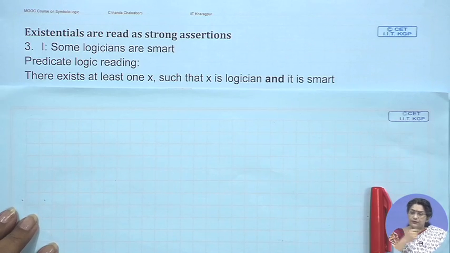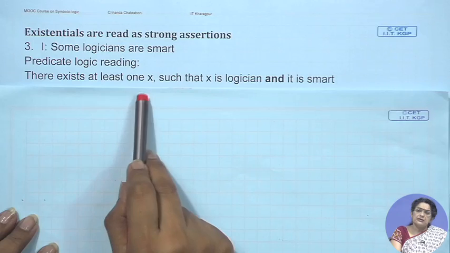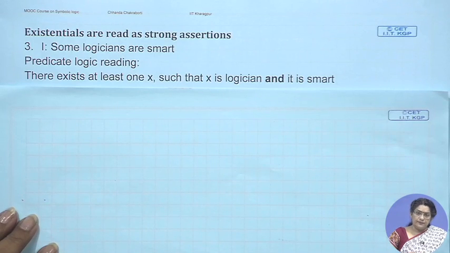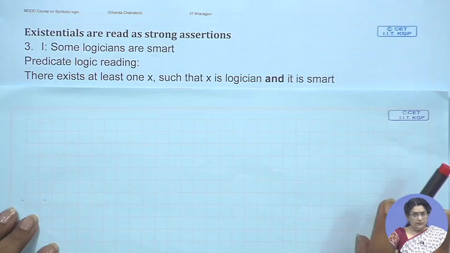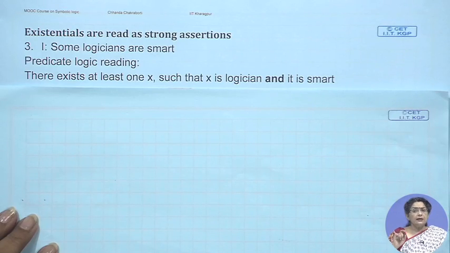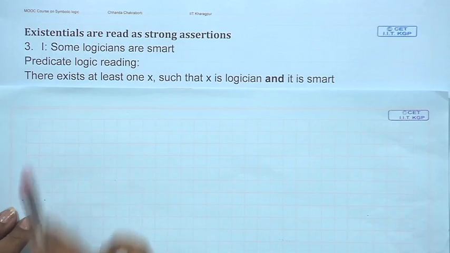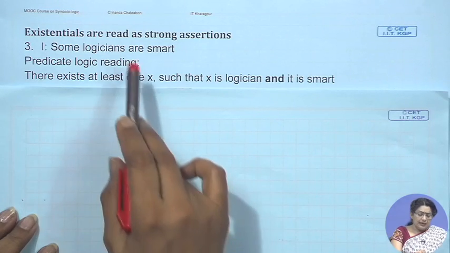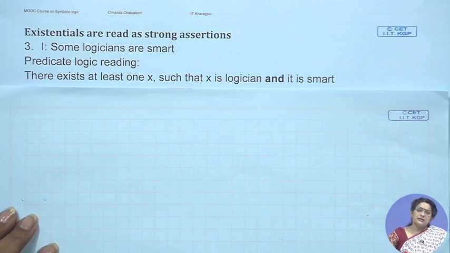Now, why did we not say if x is a logician then x is smart? First of all, as I said, you are already claiming that there is such an x in your domain, not "if x is there or not". So, in your Venn diagram also, when we plotted I and O, you may remember we used an x to indicate a populated, non-empty region, and the whole logic behind that was this modern logic insight that the particulars are existentials.